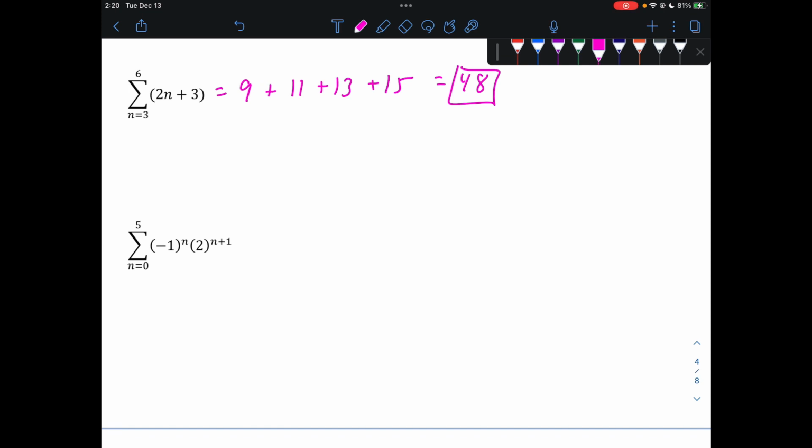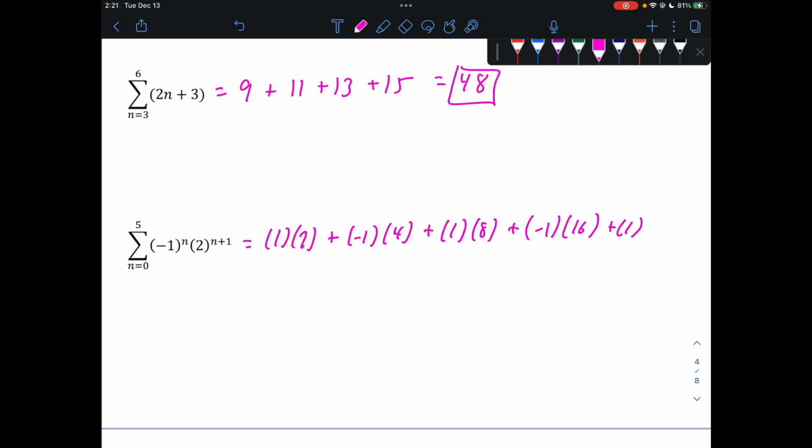Last one, if we put 0 in, we get negative 1 to the 0, which is 1, times 2 to the 1, which is 2. So it's 1 times 2. Put 1 in, we get negative 1 to the 2 times 2 to the second. If we put 2 in, we would get 1 times 2 to the third. Put 3 in, we would get that.